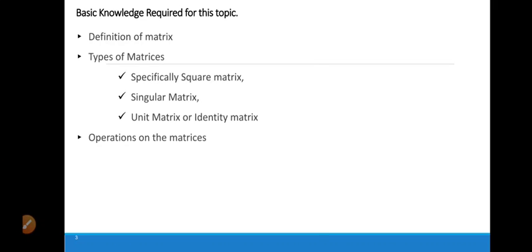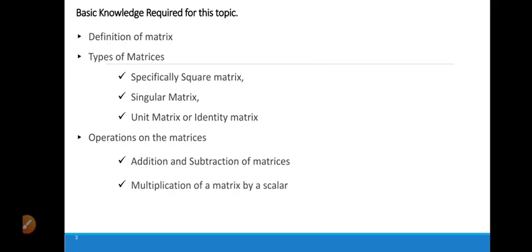The next is operations on the matrices. You have applied the operations like addition and subtraction of matrices, multiplication of a matrix by a scalar, multiplication of matrices, and you know the condition very well for the multiplication of matrices. You have understood the concept of transpose of a matrix in 12th standard.